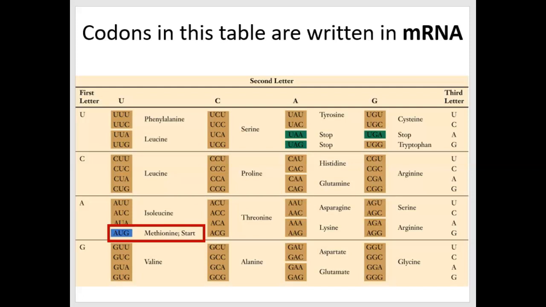The second base is listed in the second, third, and fourth columns horizontally on the table. And the third letter is listed in the last or the fifth column. So in the previous slide, the start codon AUG, boxed in red on this slide, codes for the amino acid methionine.